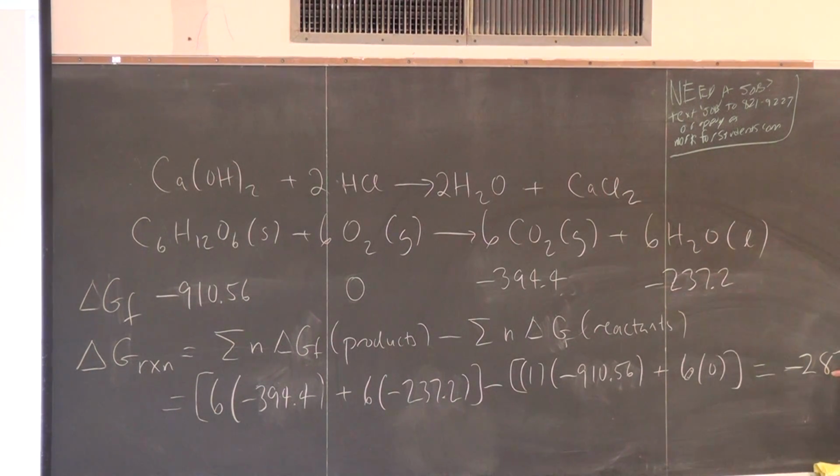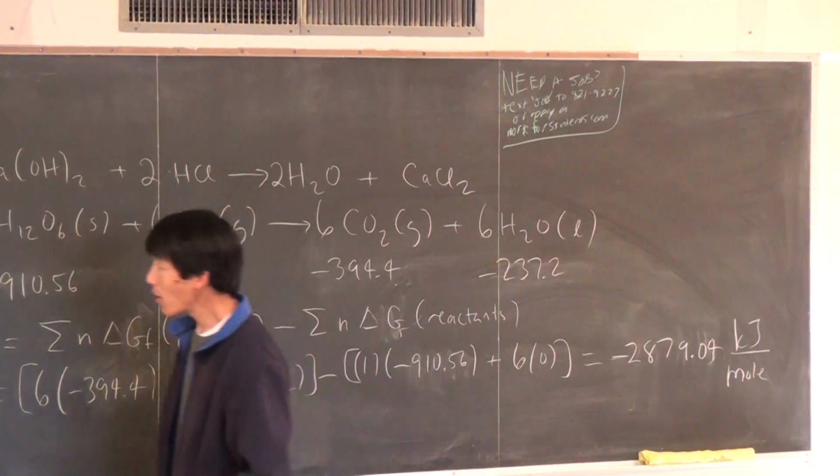Okay, so this calculation just confirms that this reaction does occur spontaneously because delta G is less than 0. Okay, let's go on to part C.